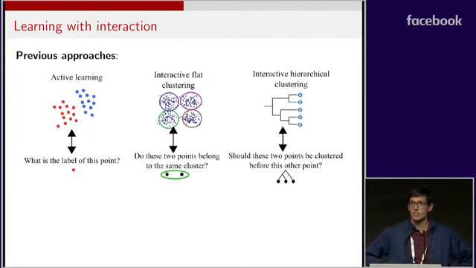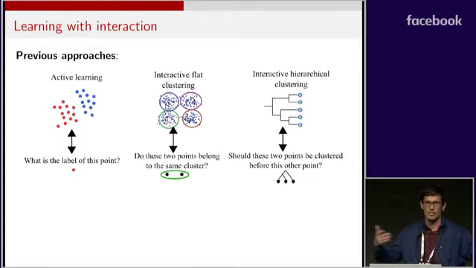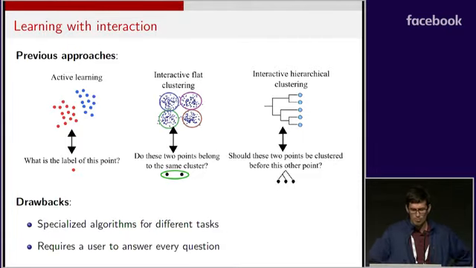So previous works have tried to address these problems in each of these settings. In active learning, people have tried to approach the supervised learning setting, introducing interaction into there. And there have been interactive protocols for clustering that have been introduced. But there are a few problems with these previous works.